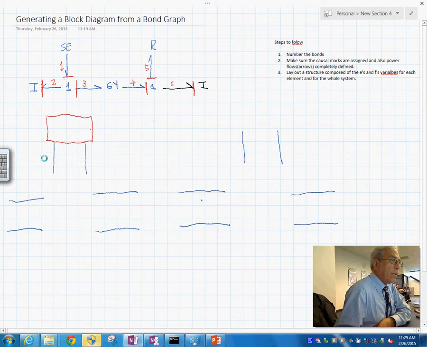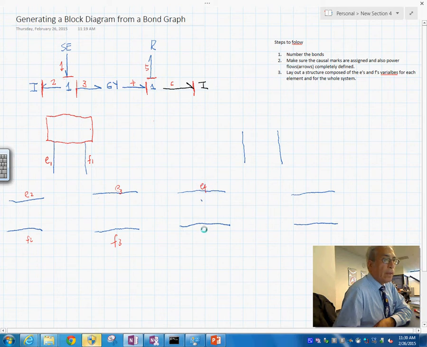So this one in here is going to be the variable e sub 1, while this would be f sub 1. This would be e sub 2 and f sub 2. And this would be e sub 3 and f sub 3. And this would be e sub 4 and f sub 4. This e sub 5 and f sub 5 over here.